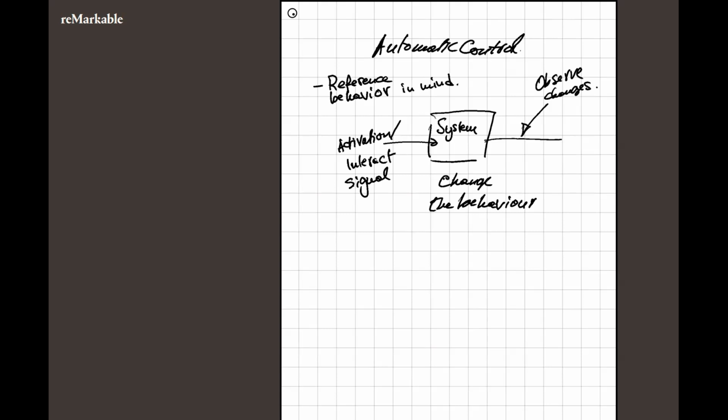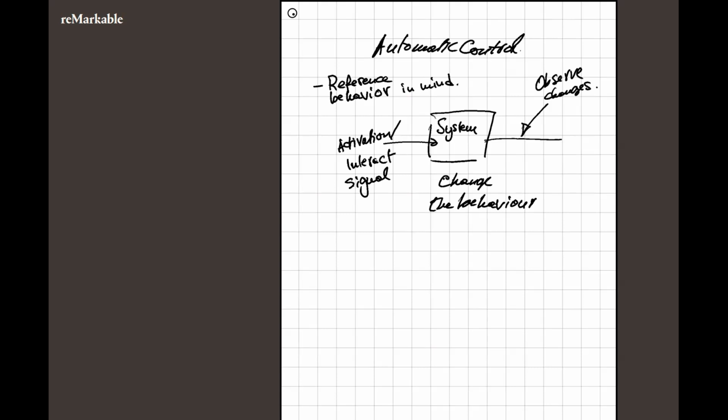And so in automatic control, as I said, we are interested in building a system that does this job of maintaining a certain reference behavior of the target system in an automatic way.